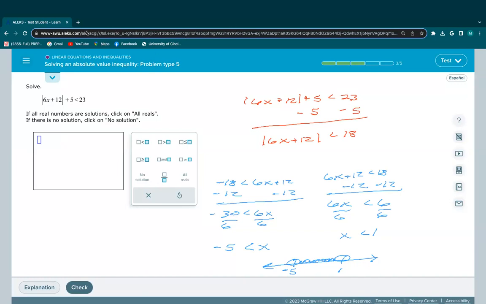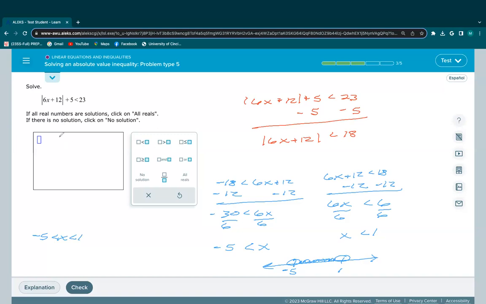So then we are going to type this in here. Because I have it in order between it, I can actually put it all together. So I could write this as negative 5 is less than x is less than 1.